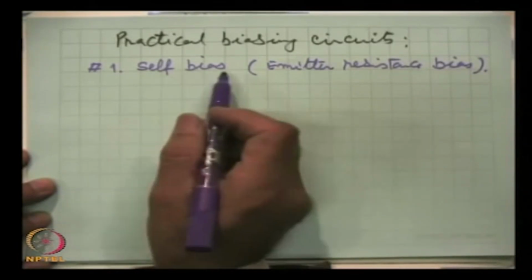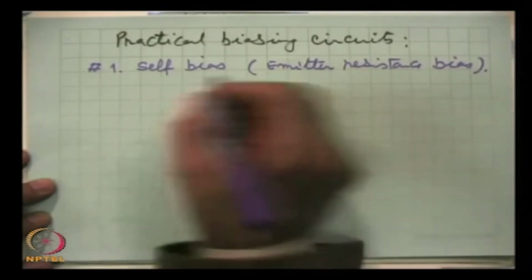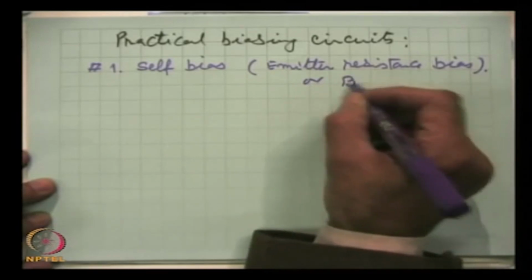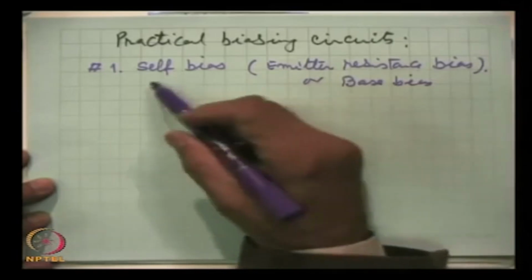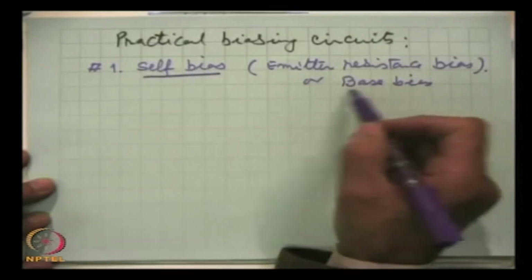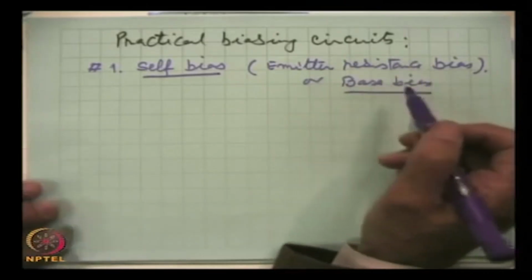This self bias is also called base bias. One and the same thing, self bias or base bias or emitter resistance bias.